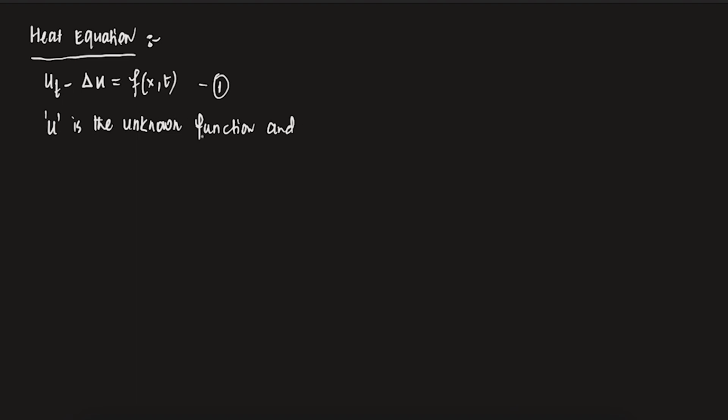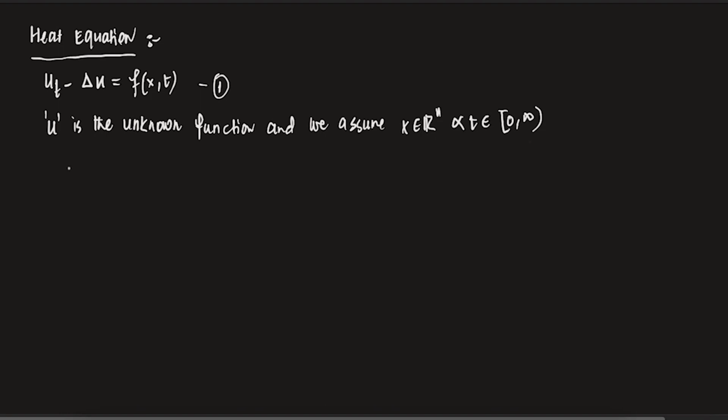Here we assume x is in Rn and t lies between 0 and infinity. Clear? So essentially, this equation is a part of something called the evolution equation, right?